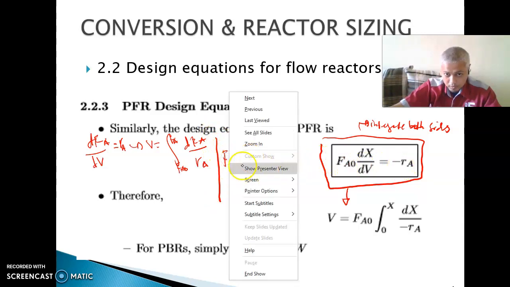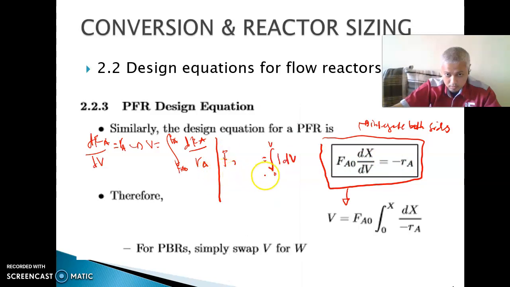We bring negative Ra to this side, and what we will get is integration of 0 to X, dX over negative Ra. This is if we have conversion as our information in the question, so we can use this formula. If we have the information of the flow rate, we can use this formula. You can use either one to solve for V for PFR.